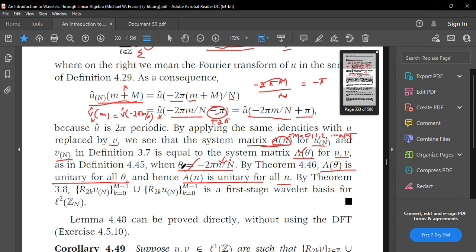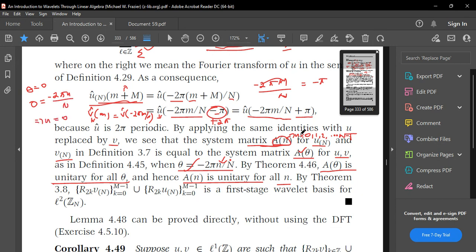What will you get? If this is true for all theta, then it is true for theta equal to 0 also. So theta equal to 0, then minus 2 pi n by N implies small n is equal to 0.